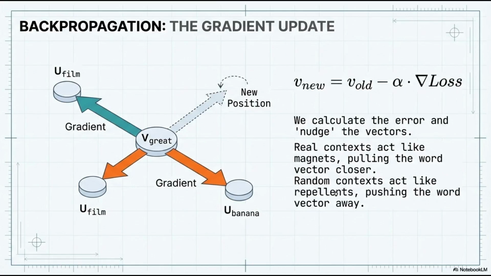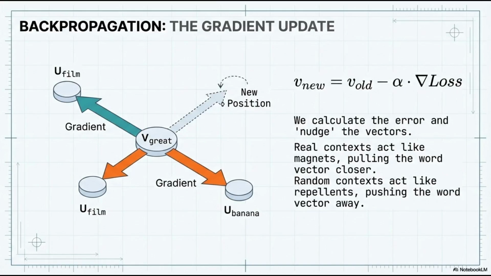Now we have the backpropagation where we update the gradient. We will calculate the error and send it backward through the network. Mathematically speaking, this updates the vector coordinates. The vector for great is physically nudged closer to film.